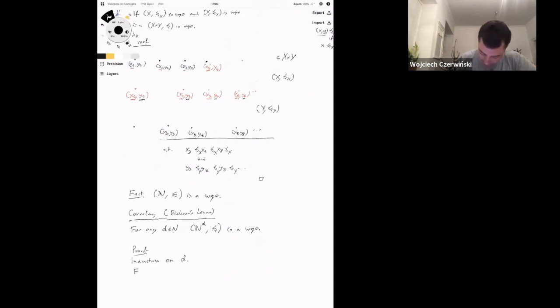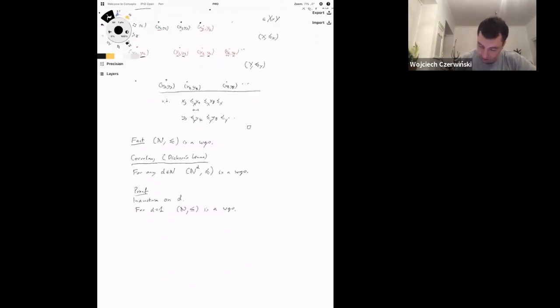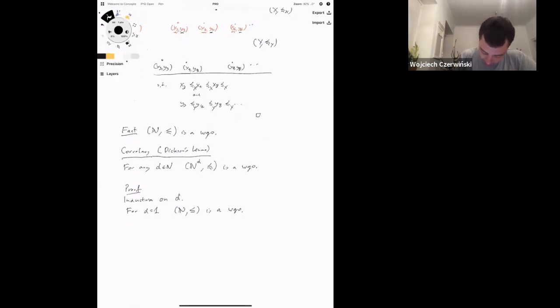For d equals 1, this follows from the fact. Then the step from d to d plus 1.